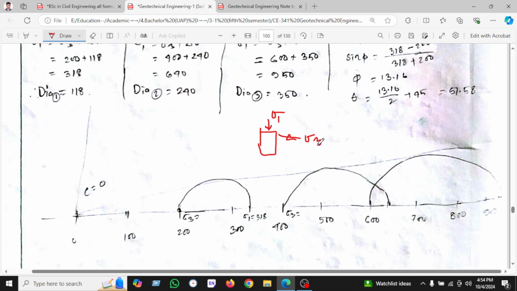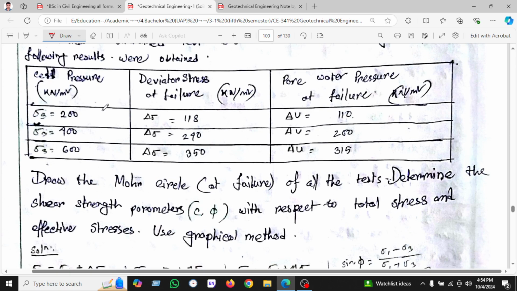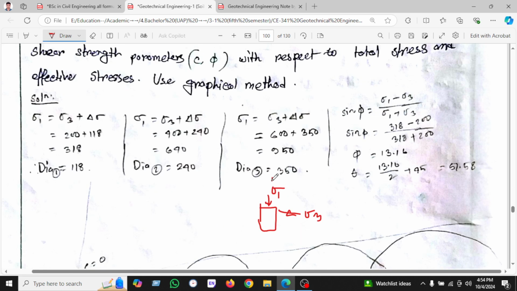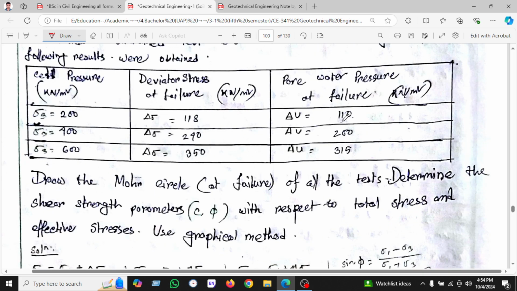This is the cell pressure. So the cell pressure is given, and the deviator stress at failure is given for all the specimens, which is also delta sigma, and the pore water pressure is given here.